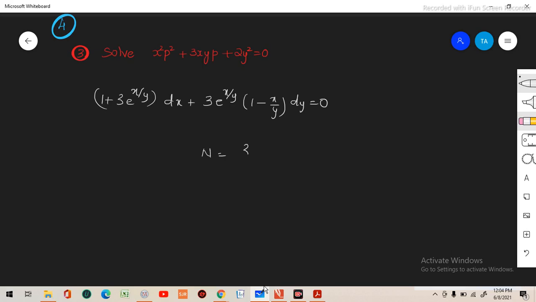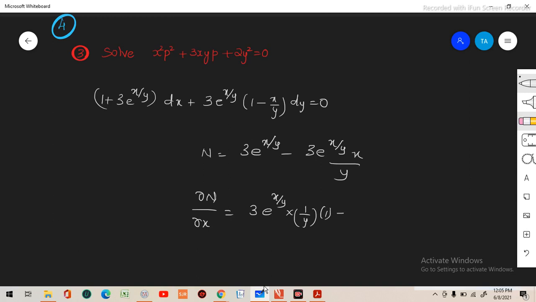So you want dou n by dx, sir. One minute, we will take N first: 3 e power x by y into 1 minus x by y. Dou N by dou x, with respect to x, I will get 3 is constant. 3 e power x by y needs the chain rule with respect to x, so 1 by y is constant and differentiation of x is 1.